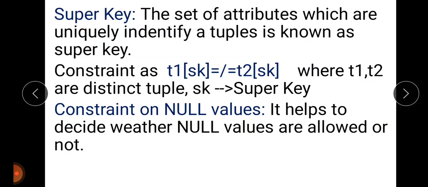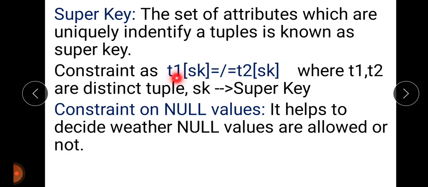The next one is super key. A super key is the set of attributes which uniquely identify a tuple. The constraint is that tuple 1 in the super key should not be equal to tuple 2 in the super key.